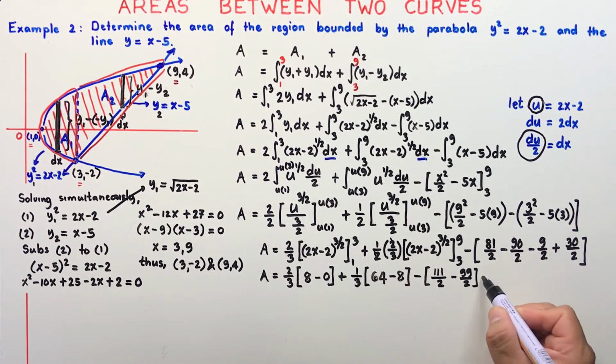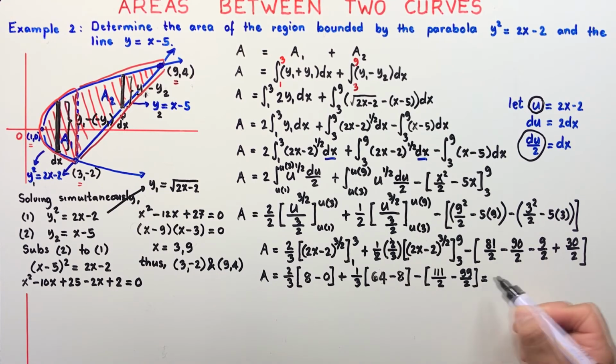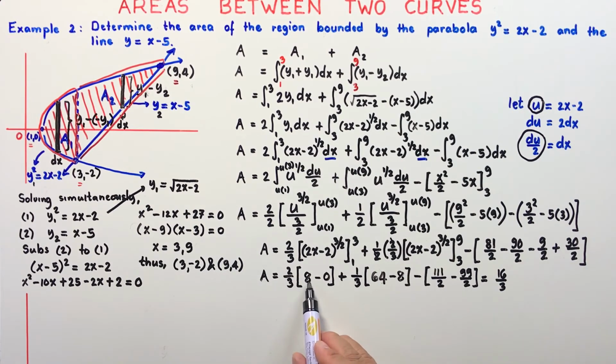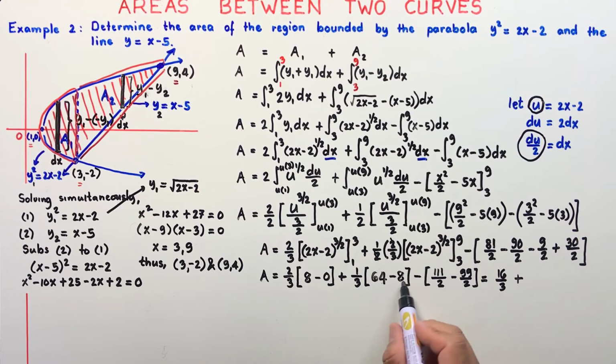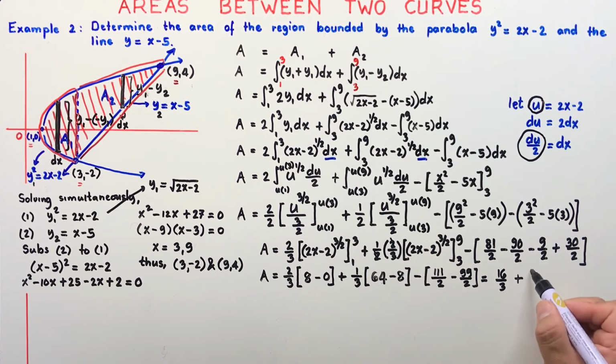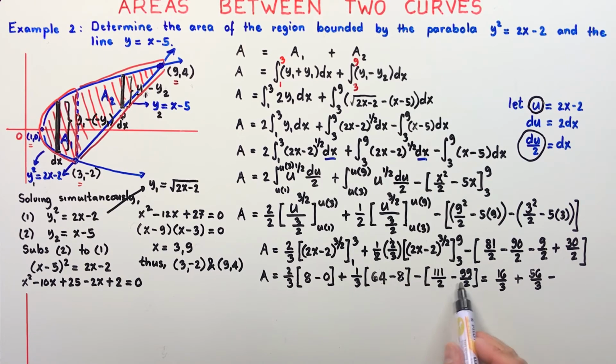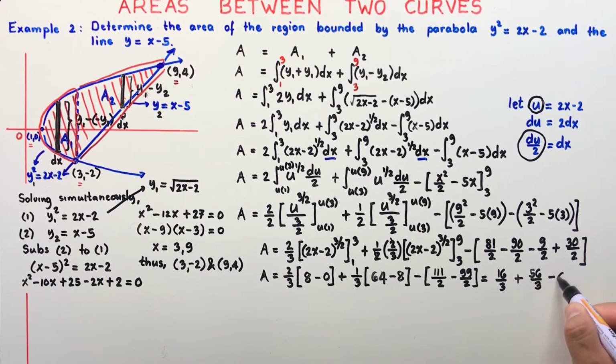So we have this area which is equal to 16 over 3, because 2 times 8 is 16, plus this 64 minus 8, which is equal to 56, and 56 over 3 minus this 111 over 2 minus 99 over 2 is 12 over 2, and 12 over 2 is 6.